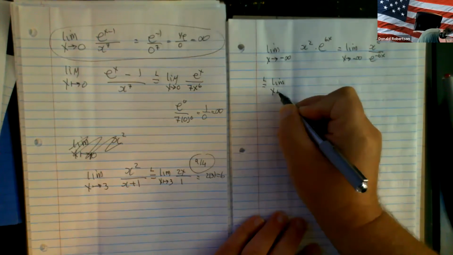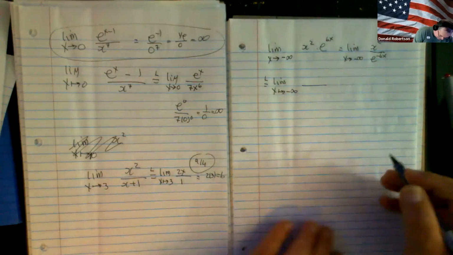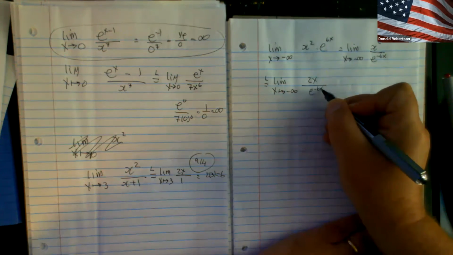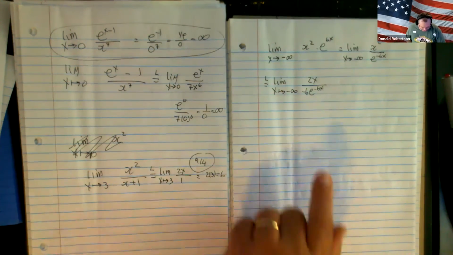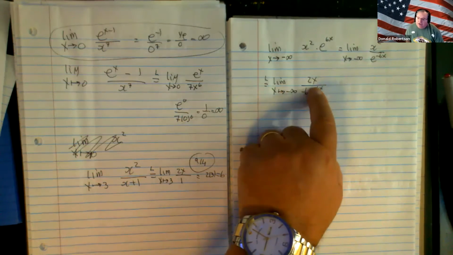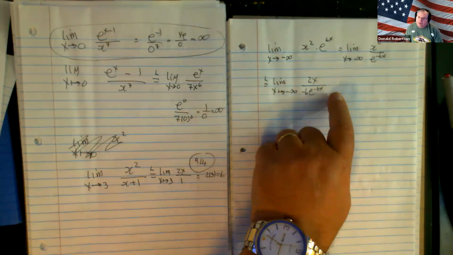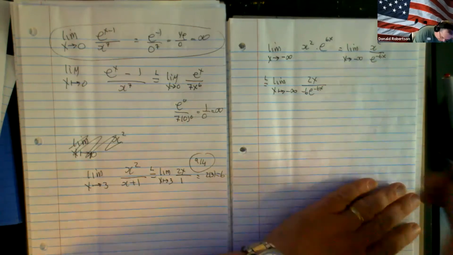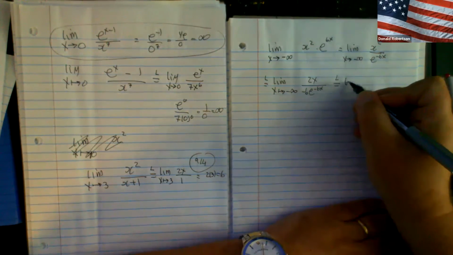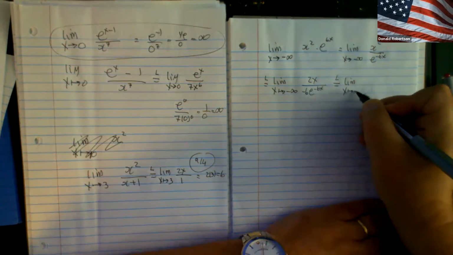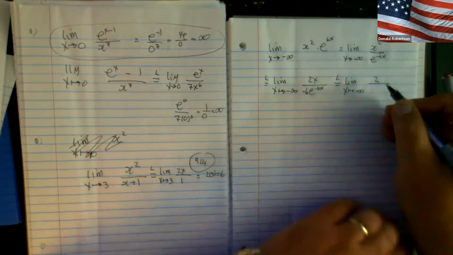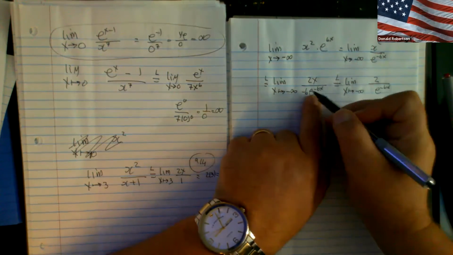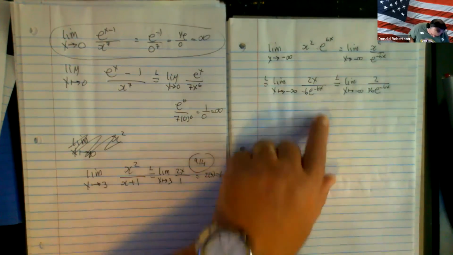So it's going to be the limit as x tends to negative infinity. If you differentiate the top, you get 2x. If you differentiate the bottom, you get e to the negative 6x times negative 6. If you plug negative infinity in here, you get some version of infinity on the top divided by another version of infinity on the bottom. So again, we know that that's indeterminate form. So I'll do L'Hopital one more time. If you differentiate the top, you get that. If you differentiate this guy, you'll get e to the negative 6x times another negative 6, so you end up with positive 36.